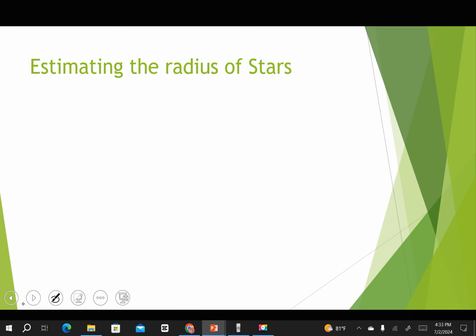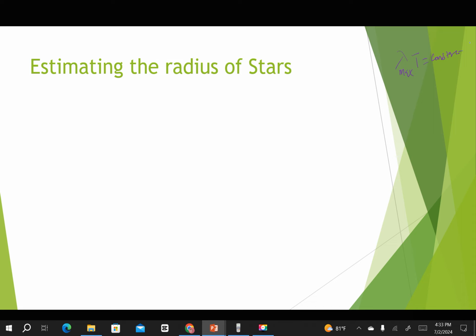Okay, so how do we estimate the radius of the stars? Now that we have Wien's displacement law and Stefan Boltzmann's law, it is now possible for us to estimate the radius of a given star. Remember, Wien's displacement law: the wavelength at which maximum intensity occurs times the absolute temperature is equal to a constant.